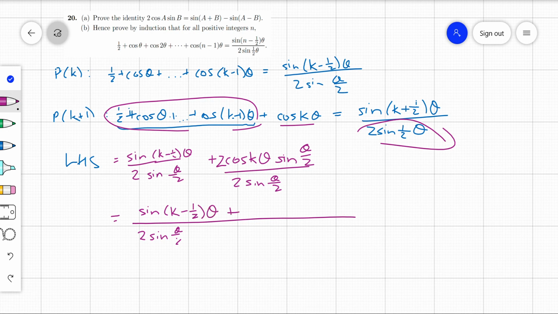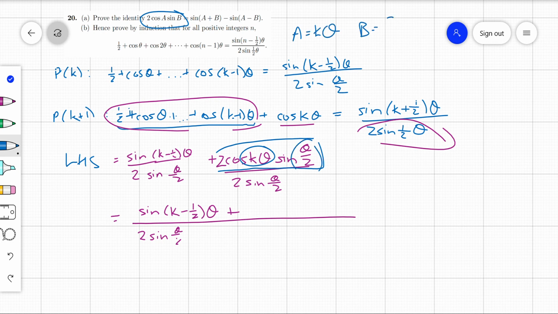And here is where we can use our identity. So here we've got 2 cos A sine B. So in this case, our A is that k theta. I'll write it here for us. And our B is theta on 2. So if I use the expansion, what is that going to give us?